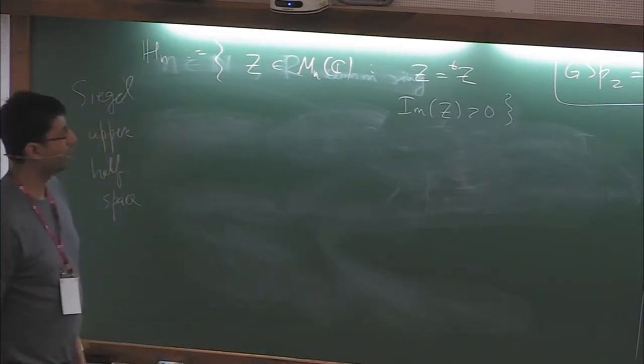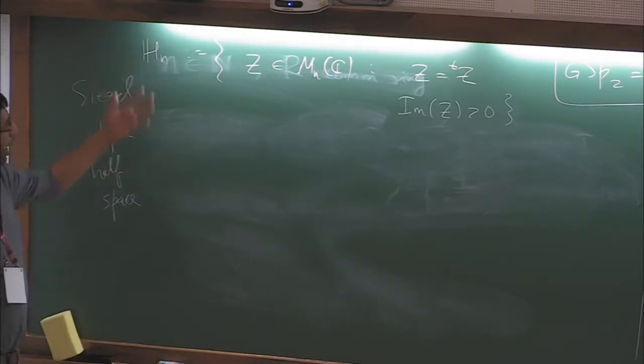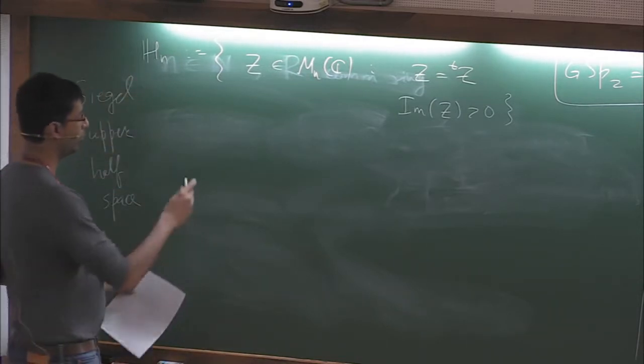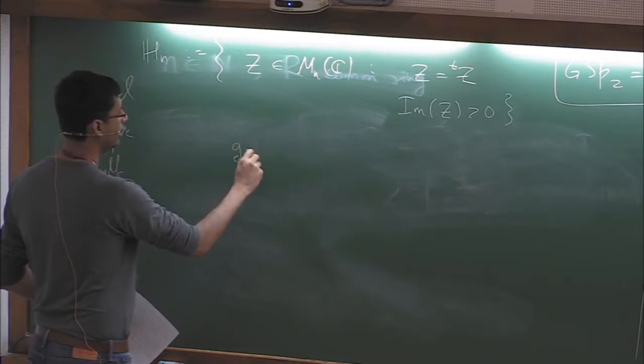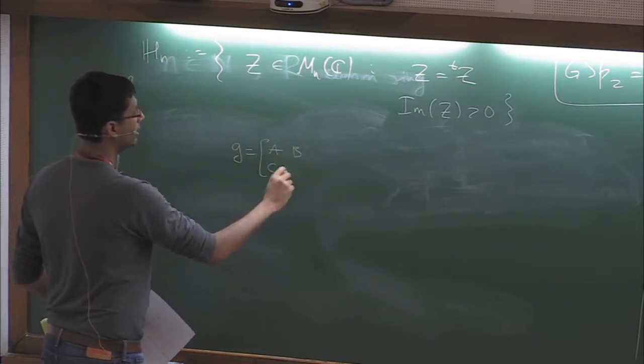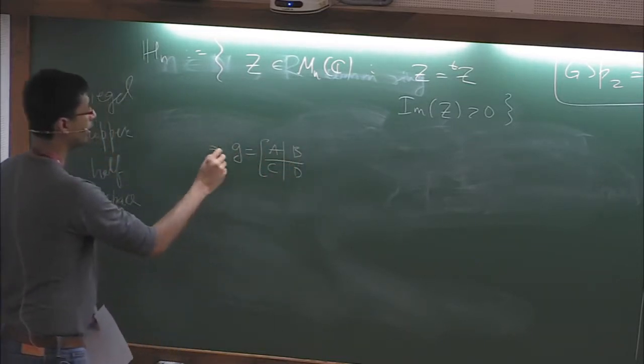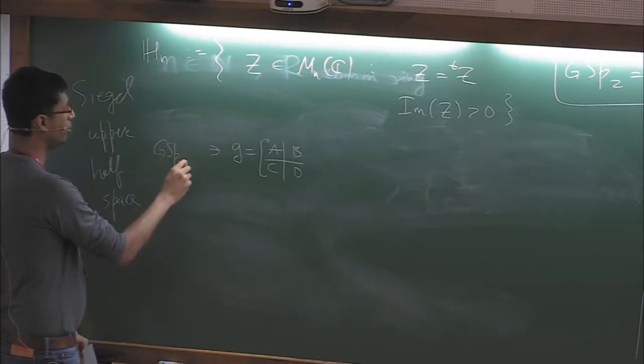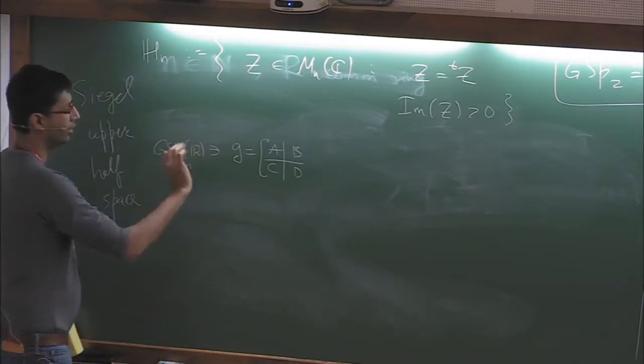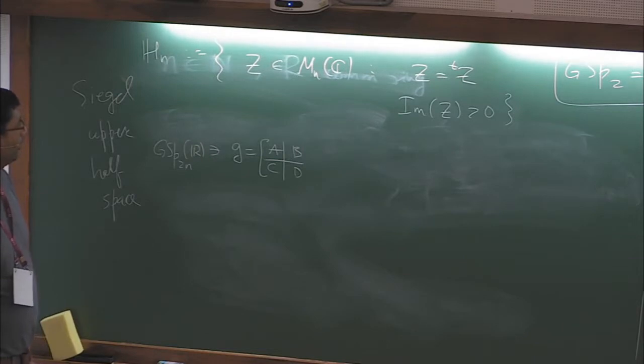And so if you want to take GSp_2n(R) and act on this, you take g equals (A, B; C, D), an element of GSp_2n, and now I am leaving the general ring and looking at real numbers.